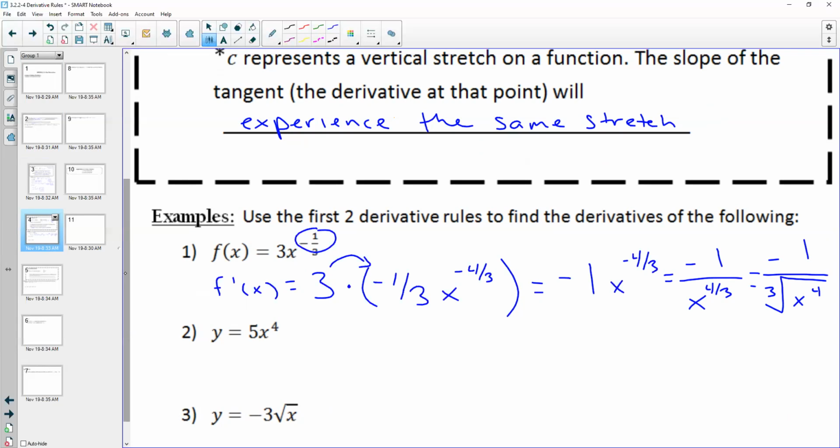Okay, so when we have a fraction in the exponent, the denominator of that fraction is going to be whatever root that you're taking of x, and the numerator of that will be the exponent on x. So x to the 4/3 can be rewritten as the cubed root of x to the 4. Okay, so we've got to be familiar with our exponent rules here.